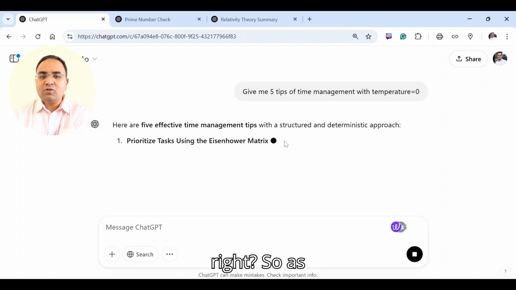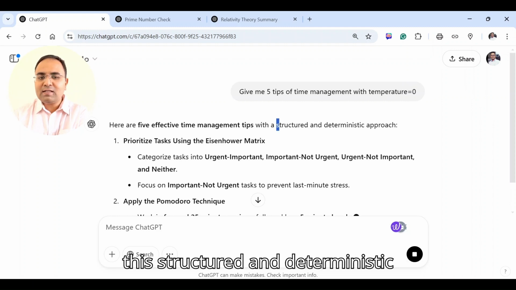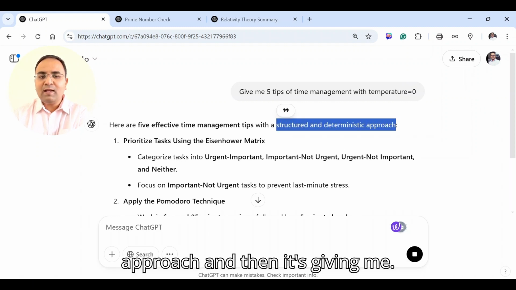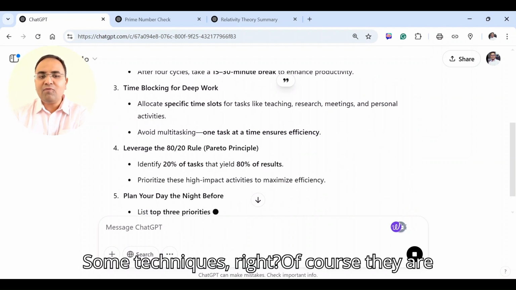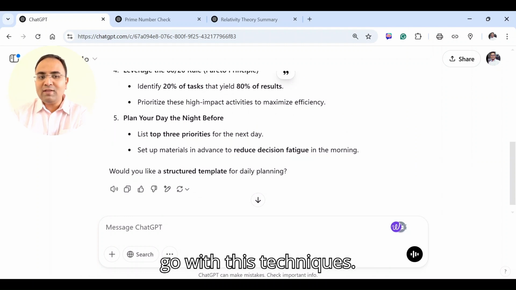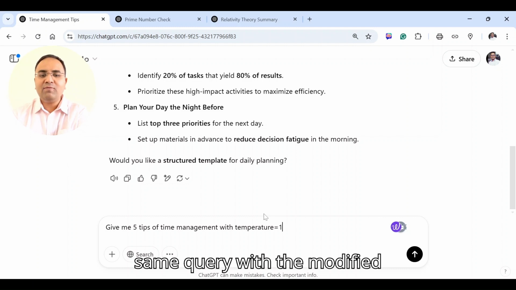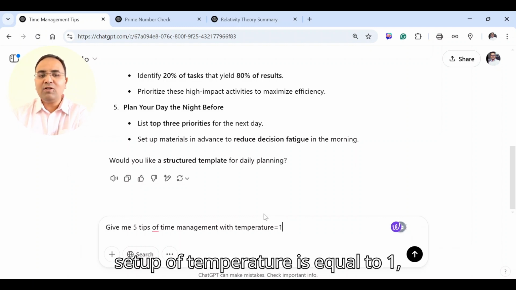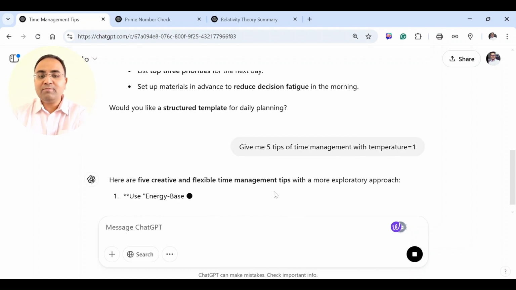As you can see, by default it has obtained this structured and deterministic approach, and it's giving me some techniques. Of course, they are relevant, and one can go with these techniques. Let's see how ChatGPT responds to the same query with the modified setup of temperature equal to 1. Right? So let's see.